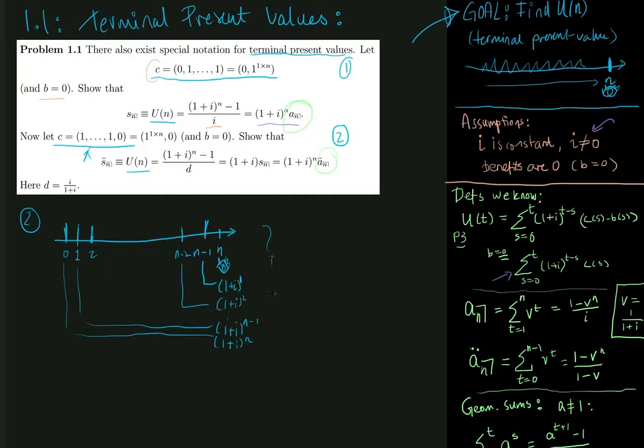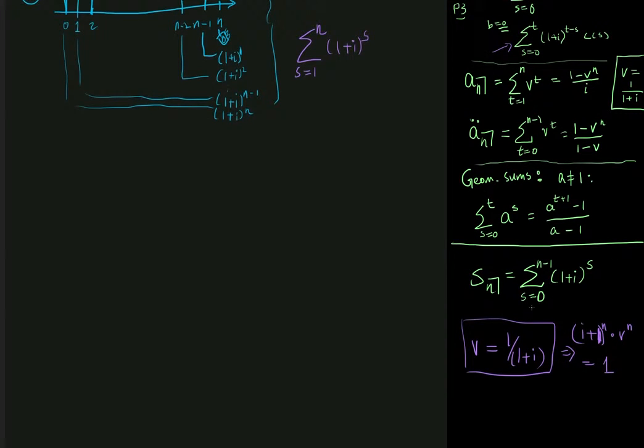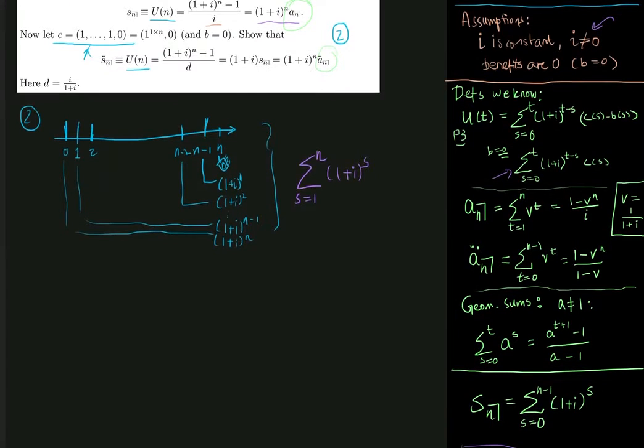So if I evaluate this sum in the same way that I did in case 1, I would have (1+i)^s, but now s goes from 1 to n. And that is different from earlier, because what we had earlier was a sum where s went from 0 to n minus 1. So how does this sum relate to the sum that we had earlier?